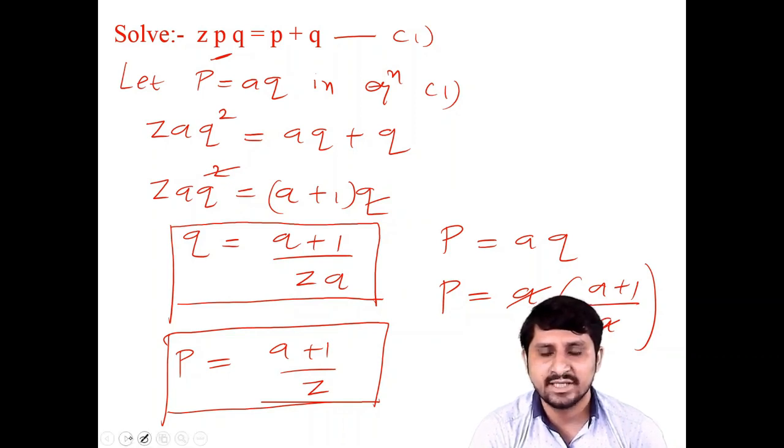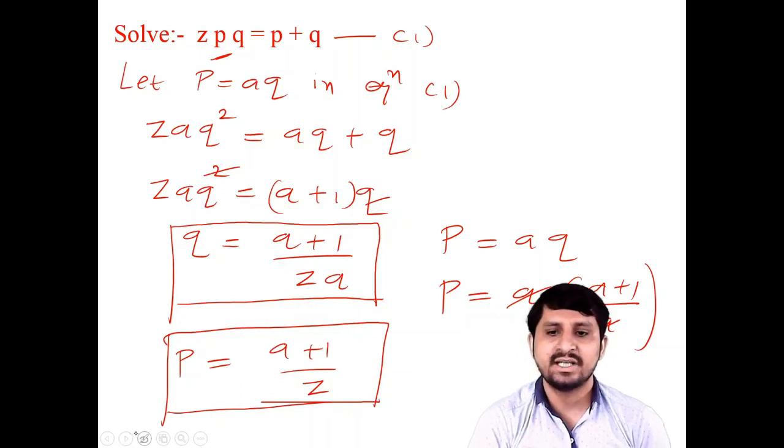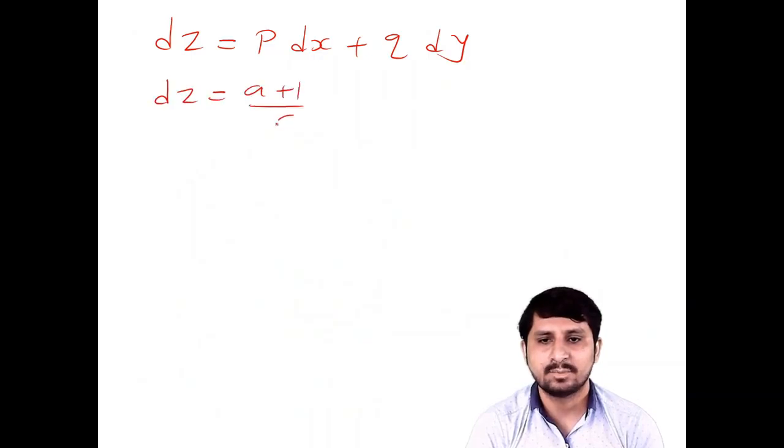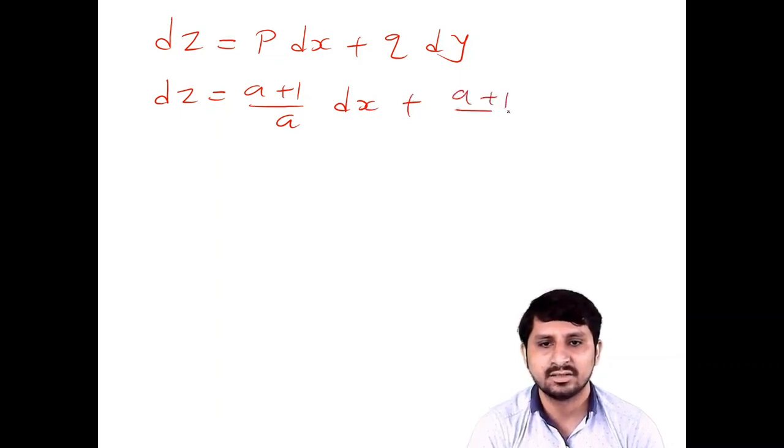So put these two values in this equation. So dz is equal to a plus 1 upon z into dx plus, the value of q, a plus 1 upon az into dy.